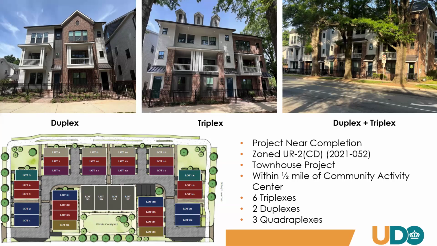It's sold as a townhouse project. To the average eye, it is a townhouse project. But when you dig into it, it has 6 triplexes, 2 duplexes, and 3 quadruplexes. I labeled these so you could see duplex, triplex, and then the duplex and triplex combined. If you were walking by, you would not say, look at that duplex there. You would say, look at the townhouses, the townhouse project.